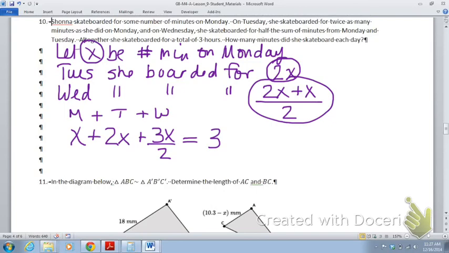But let's think about this. What do I want to do here? X is in minutes. So all of these are going to be in minutes. So let's go ahead and express our 3 hours as minutes. So what would that be? Let's go ahead and erase this. So instead of 3 hours, let's put in minutes.